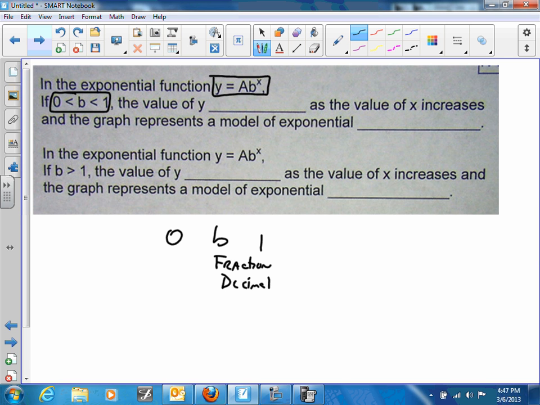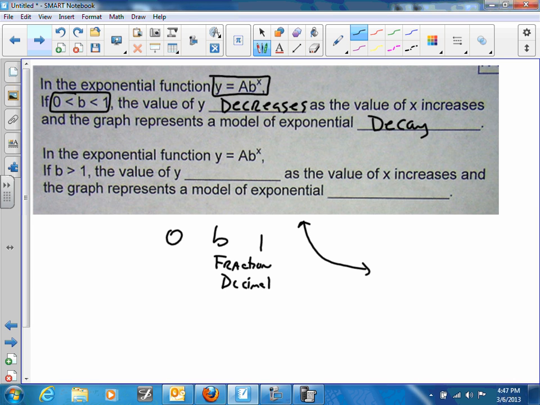So that indicates the graph is going to look like this. As x increases, the y value is going to decrease. So the value of y decreases as the value of x increases, and the graph represents a model of exponential decay.